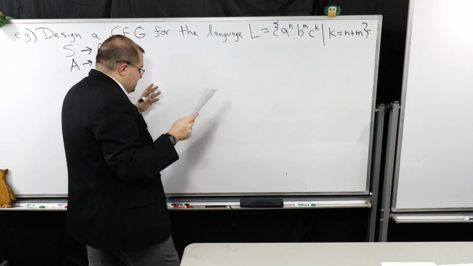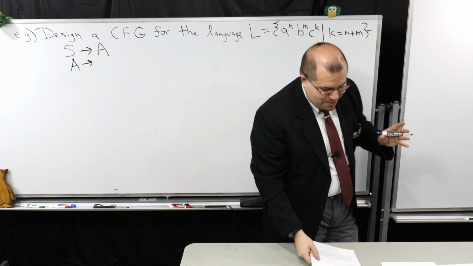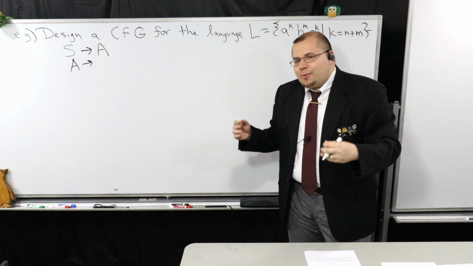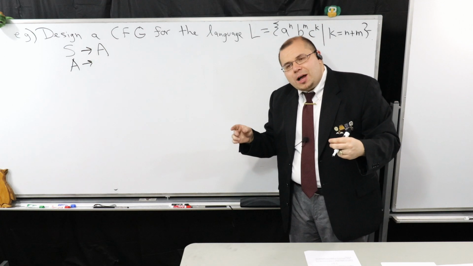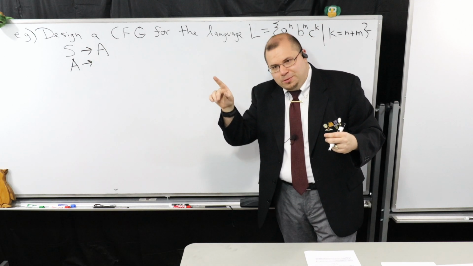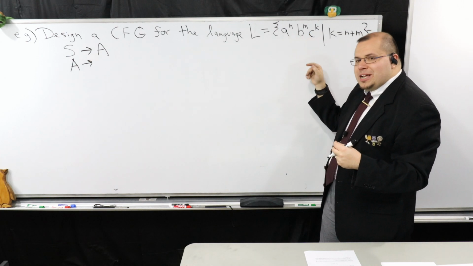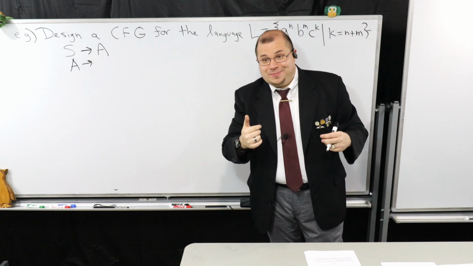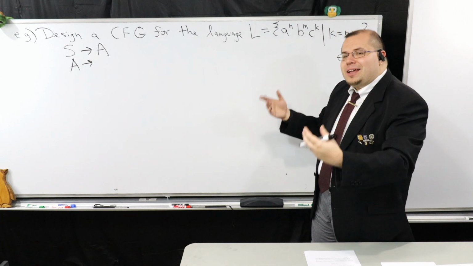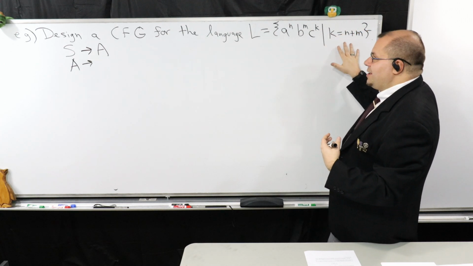This is my suggestion of how we're going to approach this. Think about every time I introduce a symbol, say an A or a B, I want to make sure it includes a C with it. That's going to be the main idea for how I could satisfy this equation.